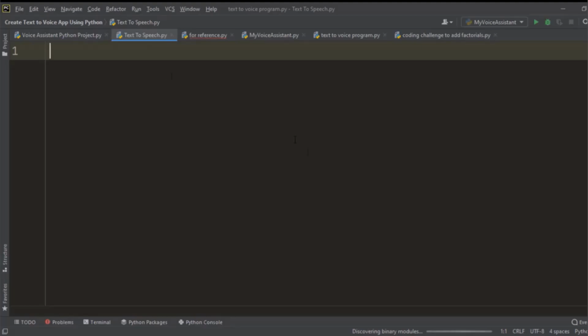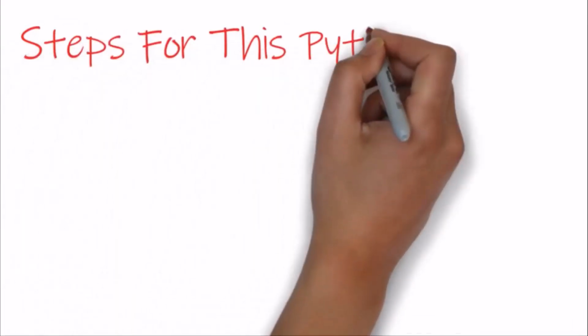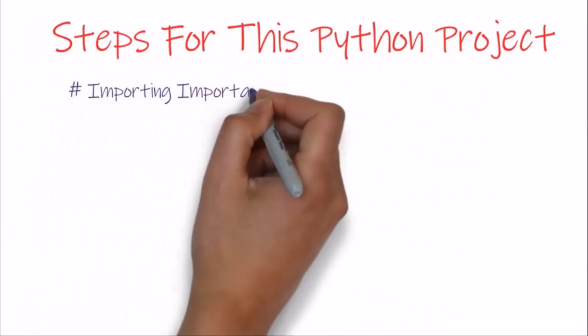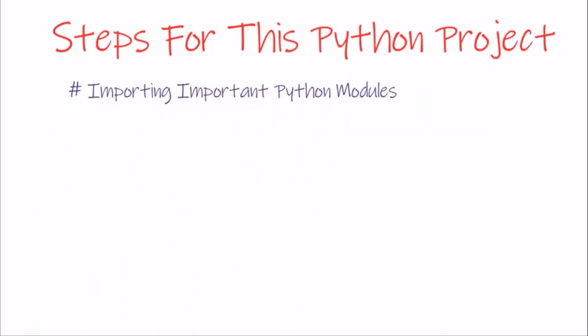Okay, let's start now. As we said before, in this Python project, we create a Python program which converts text to speech. So to start this Python project, I want to import important Python modules which help us to facilitate this process. If you search text-to-speech Python modules, you will get different types of Python modules like pyttsx3, gTTS, or Google text-to-speech, or you can get any different Python modules.